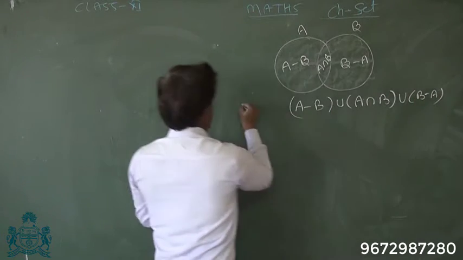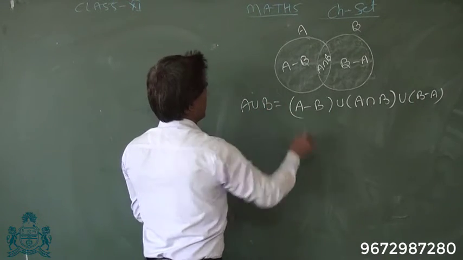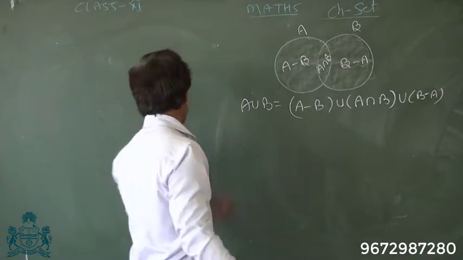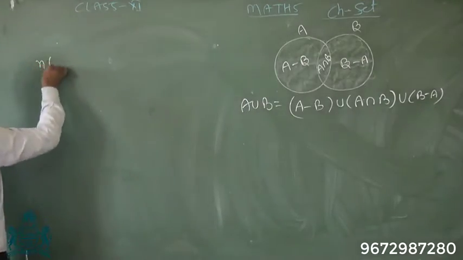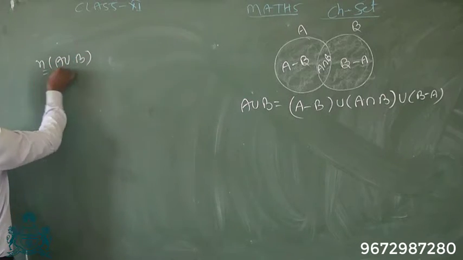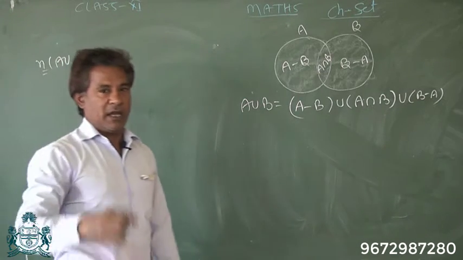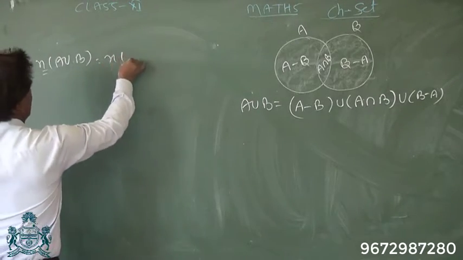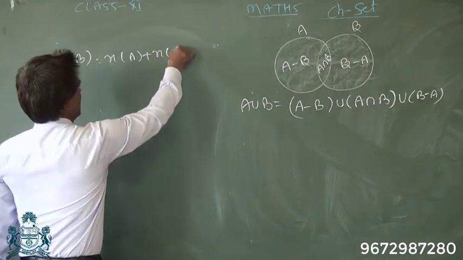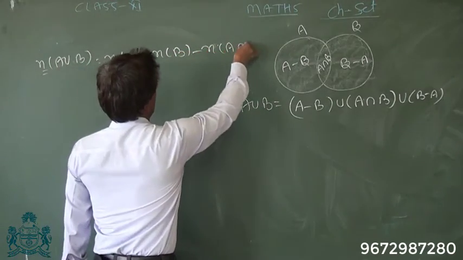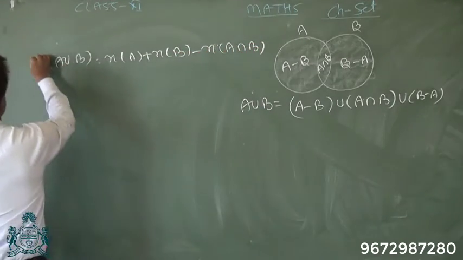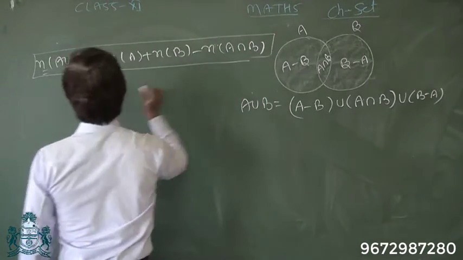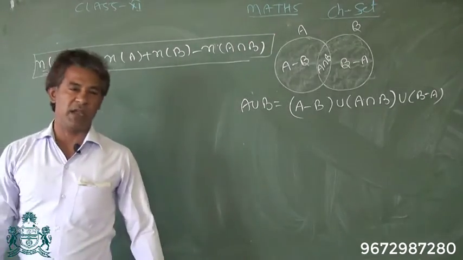Then n(A union B), the number of elements in set A union B, is given by n(A) plus n(B) minus n(A intersection B). Using this formula, we can find the number of elements present in set A union B.